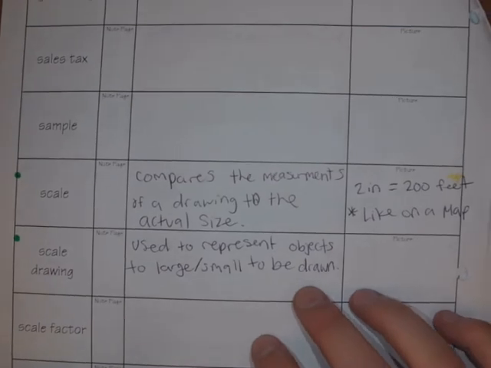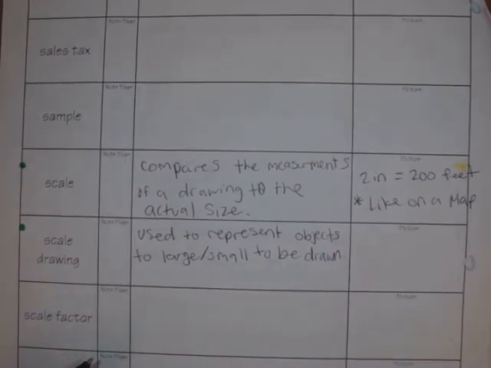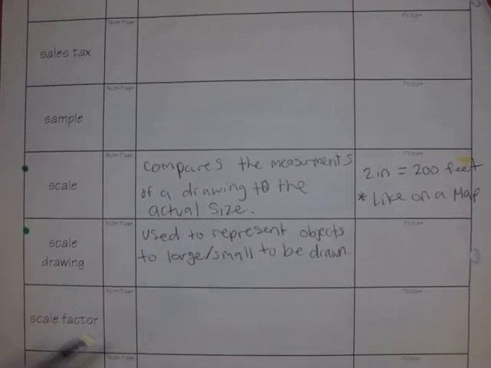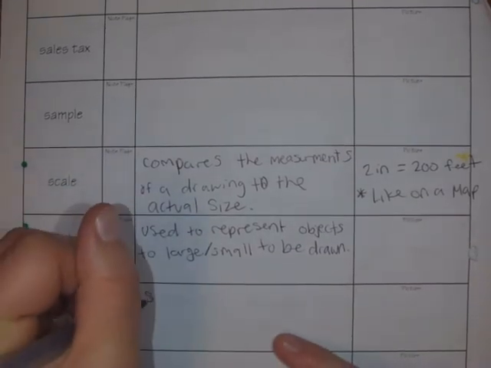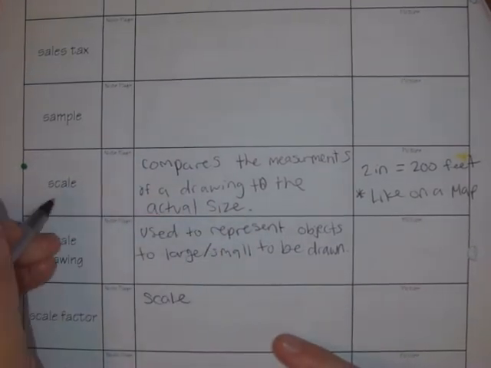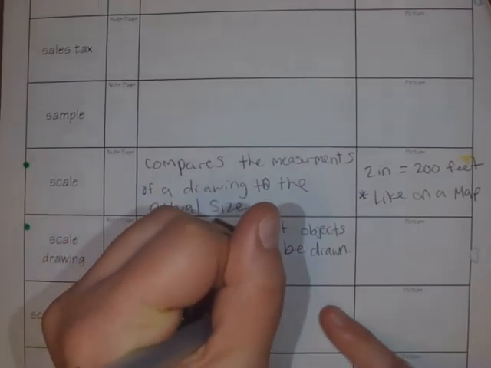So, for example, you don't want to draw how big an actual house is going to be or how big a city is, and so you're going to do a scale drawing to represent it. And then next you have scale factor. And a scale factor, all the scales kind of go together, is a scale written in the simplest form.